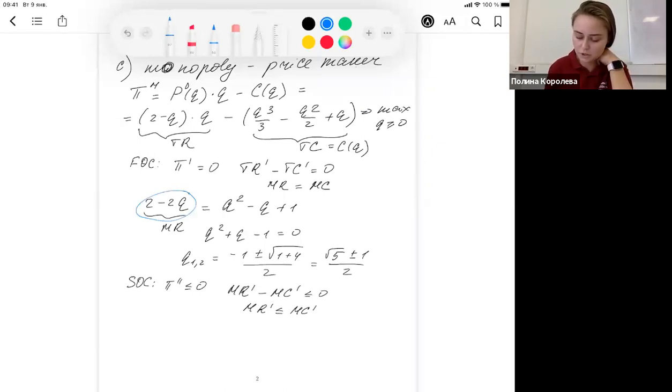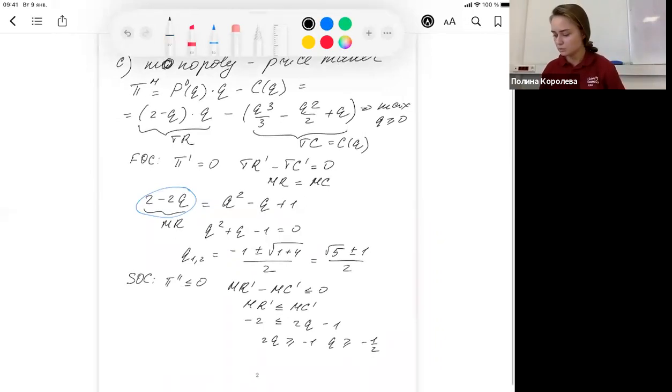The marginal cost graph is a parabola, so we do not know its slope right now. But we can check: the slope of marginal revenue is minus 2, less or equal than the slope of marginal cost, which is 2Q minus 1. So 2Q greater or equal than minus 1, so Q greater or equal than minus 1/2. So now it didn't help us.